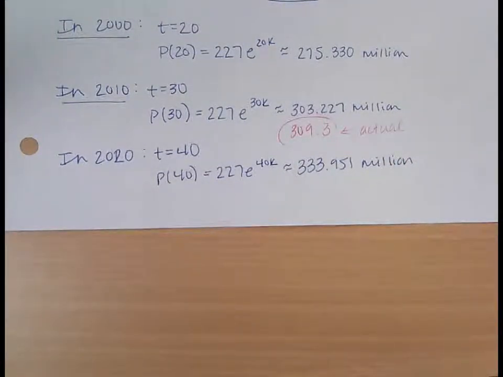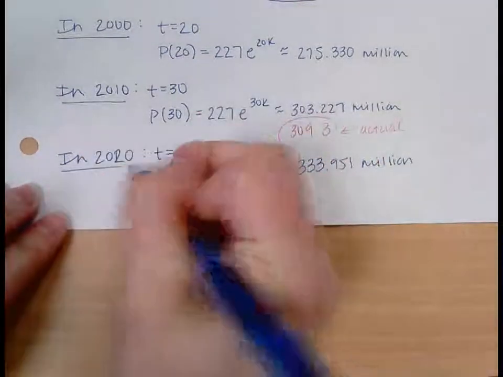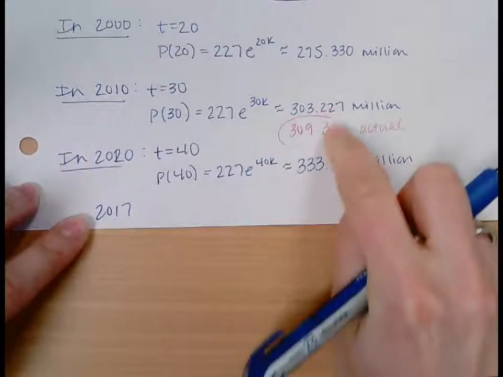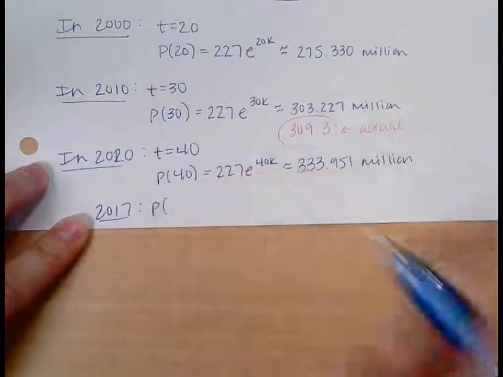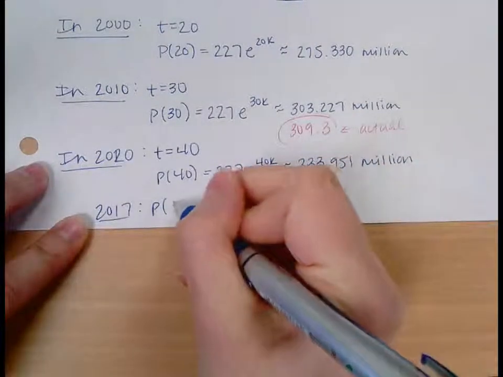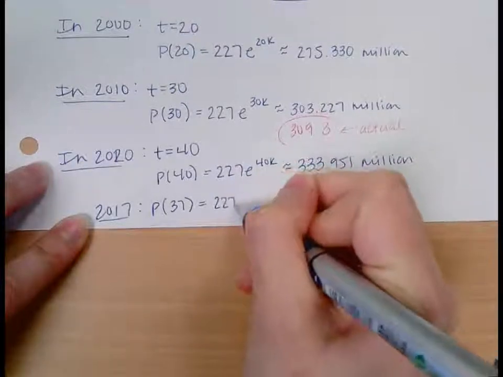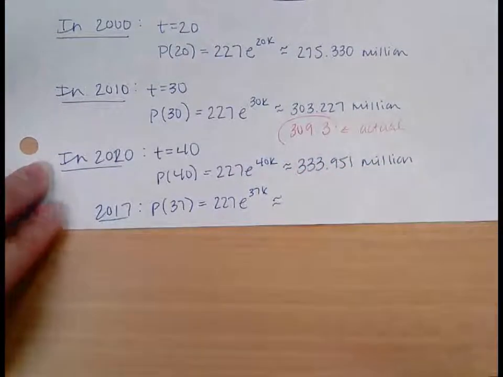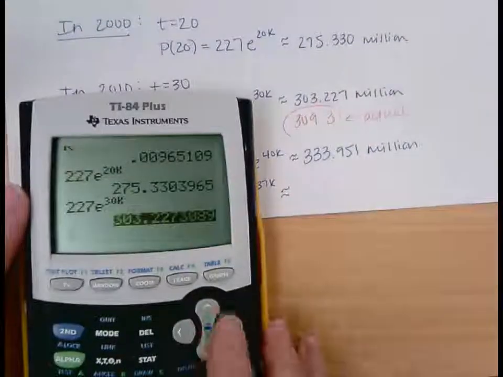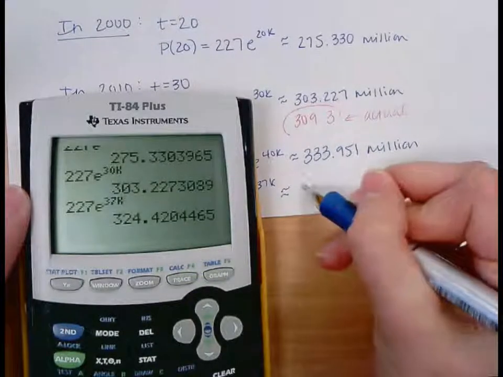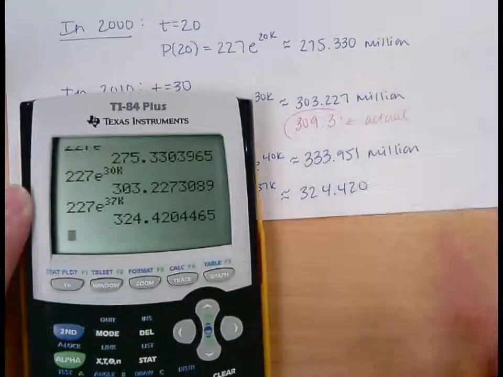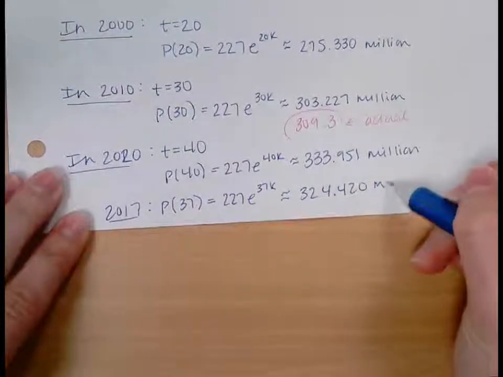Okay. I'm curious though. So let's take the year closest to us. So let's say 2017. I'm just curious. It doesn't seem as accurate in 2010. If we estimated in 2017, the t-value would have been 37. So if I estimate this, so 324.420 in 2017.